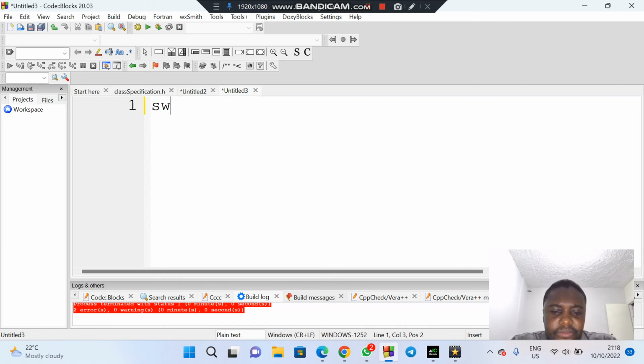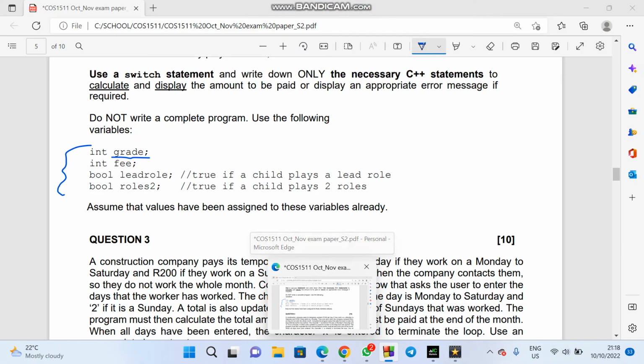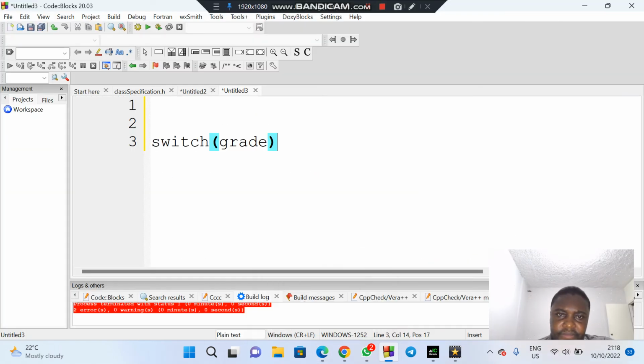So you will write switch, grade, then after that you have your cases. The first case, you have case 1, and then you can put a semicolon.